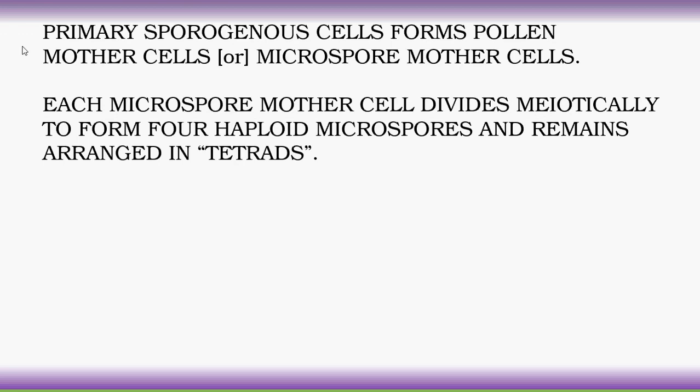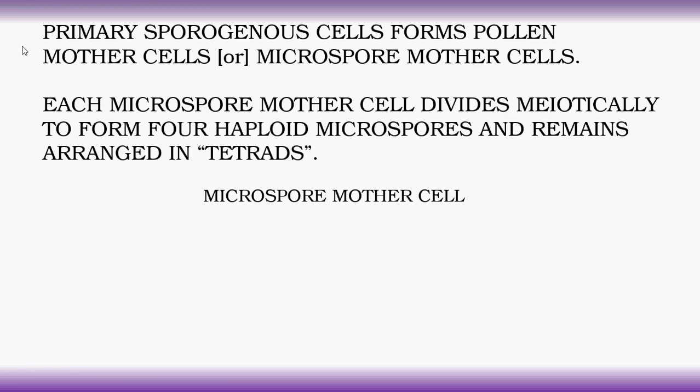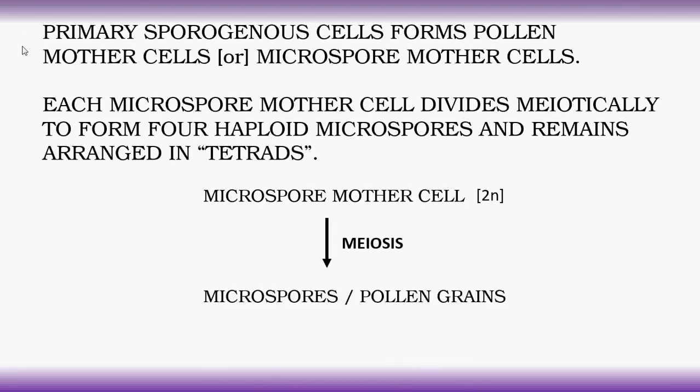tetrads. Let's see. Microspore mother cell which is in diploid condition, that is 2n condition, undergoes meiosis division or reductional division to form 4 haploid microspores or pollen grains. They are in haploid condition.